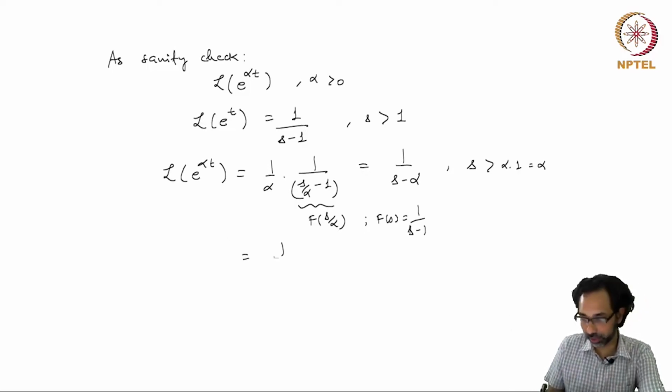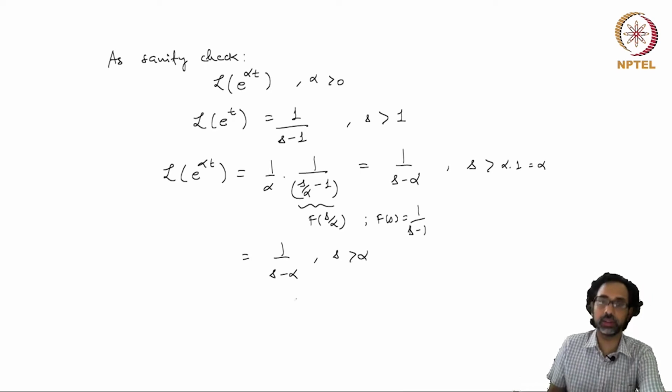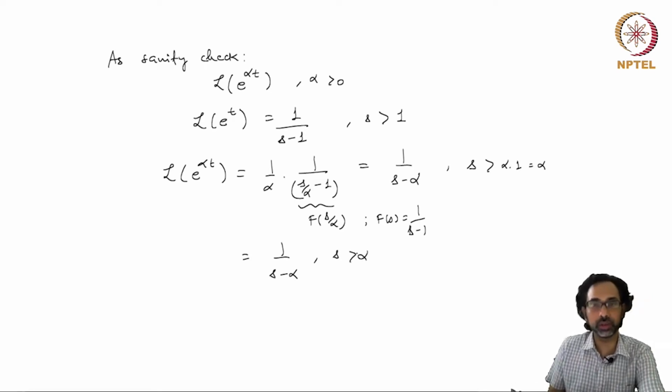So the Laplace transform of e to the alpha t is 1 over s minus alpha, s greater than alpha, and this is exactly what we got from a direct computation. So this formula is okay.